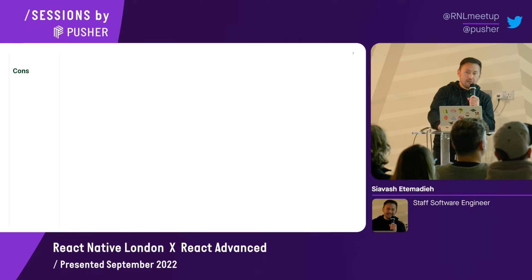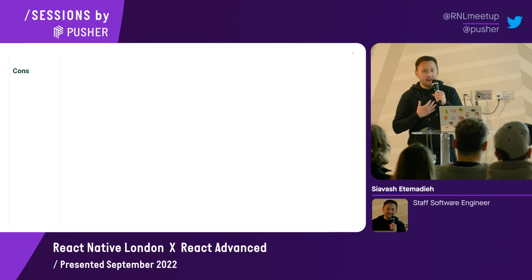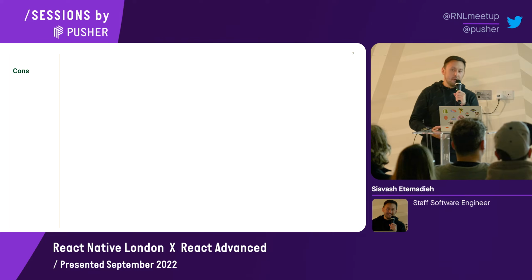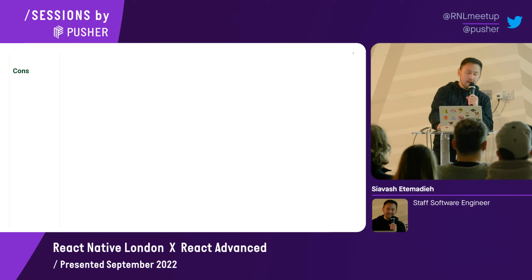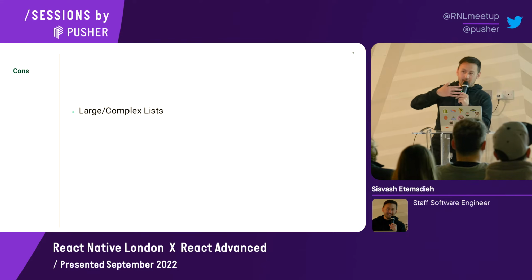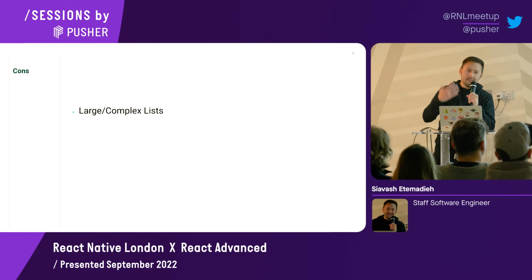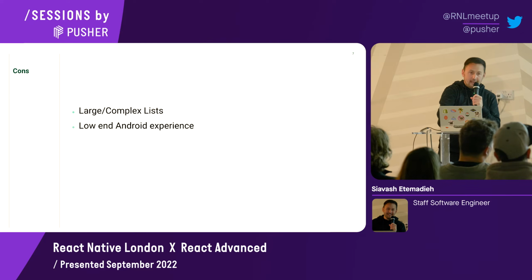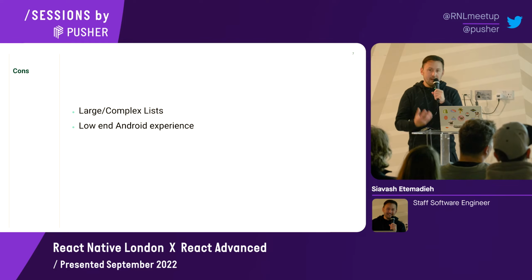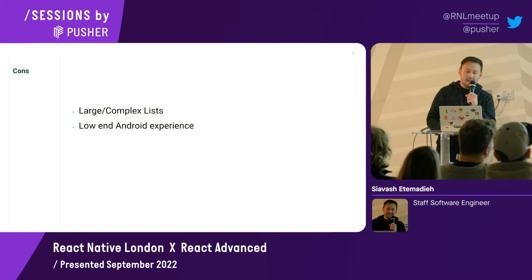But of course, at Shopify, we've been needing the scale we need. We did hit some shortcomings. As your lists grow larger or more complex, you'll start to notice the performance and the experience start to degrade. And then you'll start having to think about optimization. This is very obvious on a really low-end Android device.